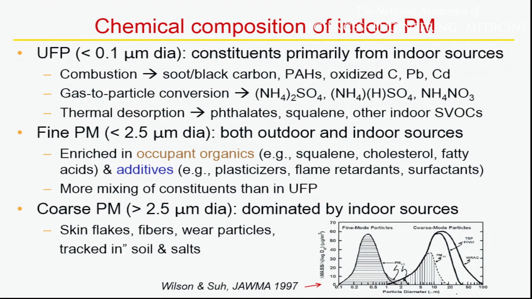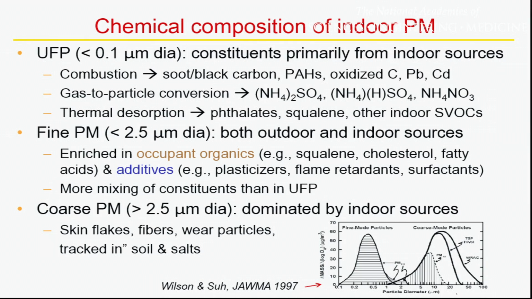Now, if we jump down to the coarse PM, particles larger than 2.5 microns, buildings do an even better job protecting us from coarse PM than they do from ultrafine particles. So again, the chemical constituents of coarse PM are chemicals that tend to have indoor sources. And in coarse PM, we see things like skin flakes and fibers and plastic wear particles.